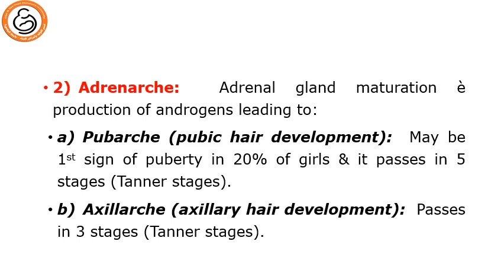And the second event is axillary hair development, which passes into 3 stages according to the Tanner stage. So, adrenarche with the production of the androgens from the suprarenal gland will result in appearance of sexual hair in the pubic area and axillary area.